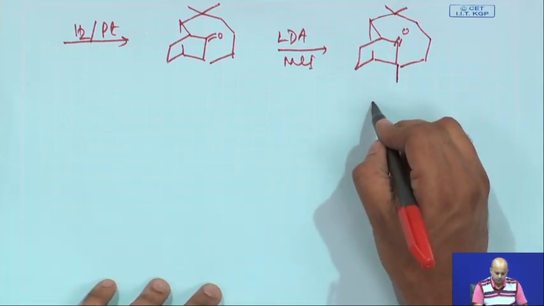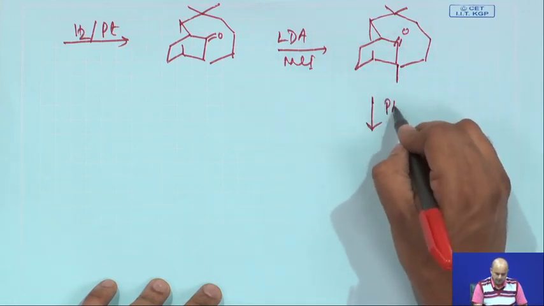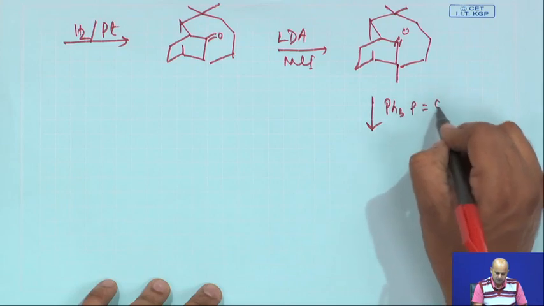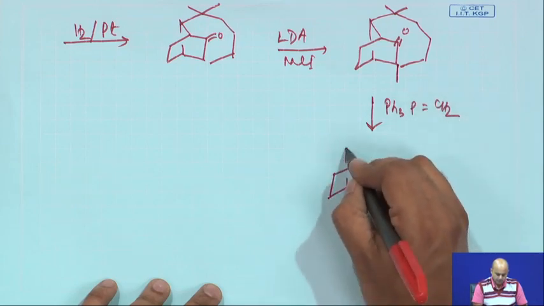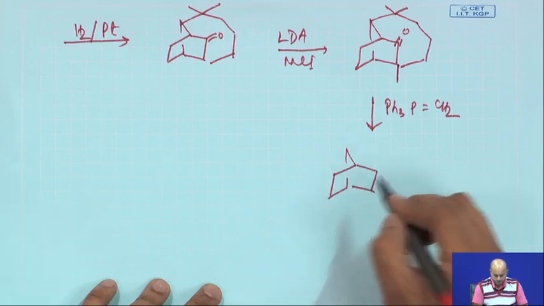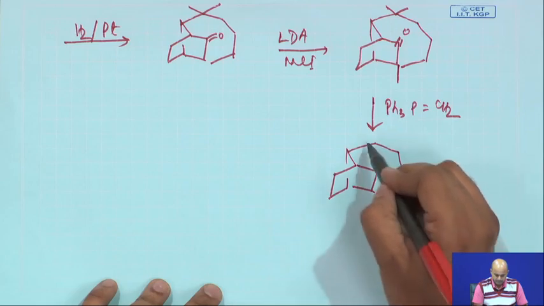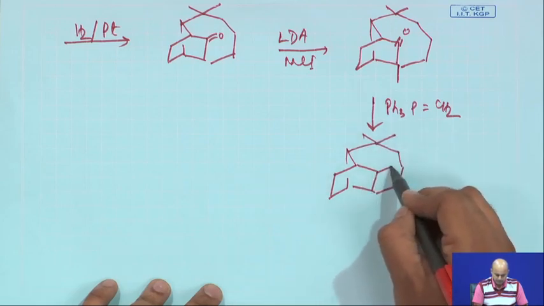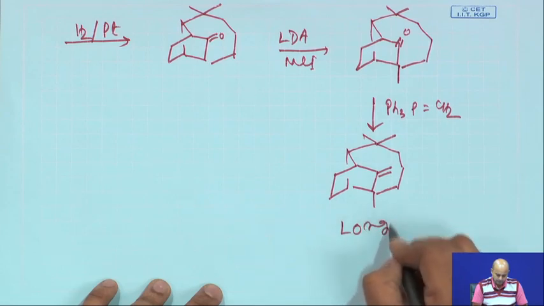Now, we are almost close to the synthesis. Next step is you need to do another round of Wittig reaction to complete the synthesis. The dimethyl is here, here, here, and this is your Longifolene.